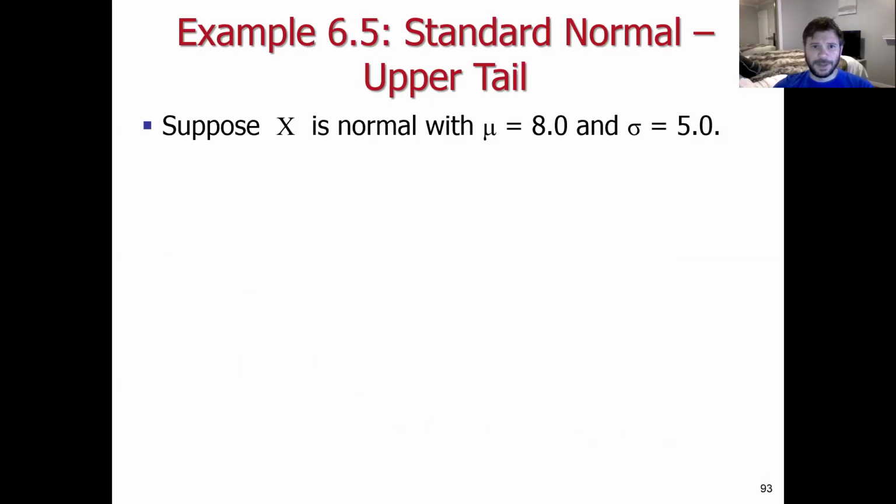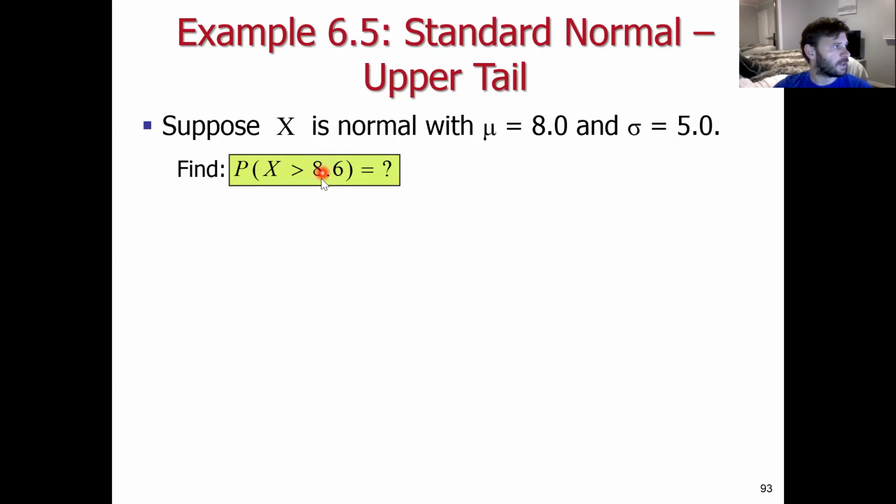So now we're going to ask the question: what is the probability that X is greater than a particular value? If X is greater than something, we're going to be using the right tail of the distribution. The first thing we need to do is take that threshold value of 8.6 and convert it into a z-score.